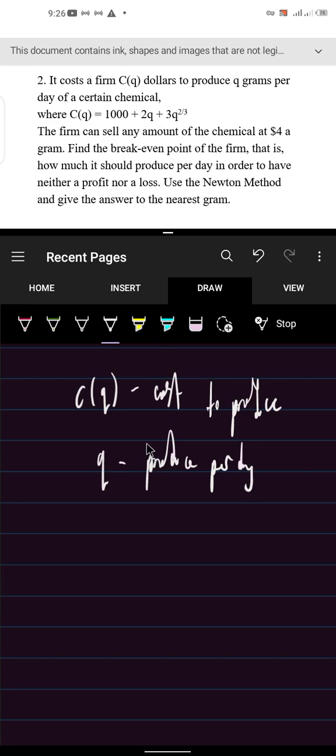Now this is the cost function, meaning that to find the produce per day, which is Q, this is the function.